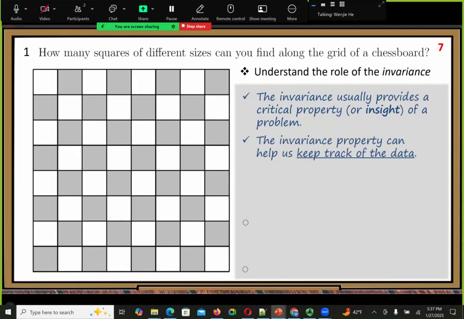All right. So the first usage of this invariance is that it can help us keep track of the data. One common usage, keep track of the data. So what's that? We know, in general, the given data is very messy, which means hard to organize.